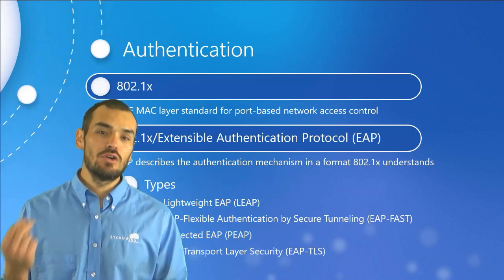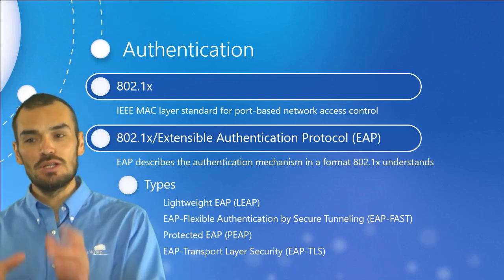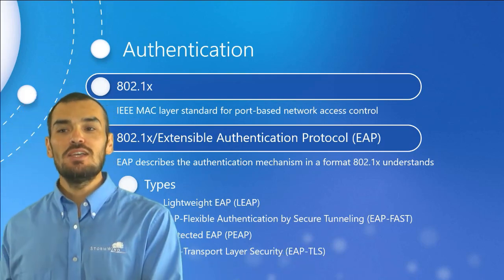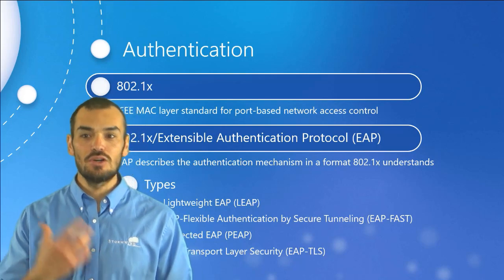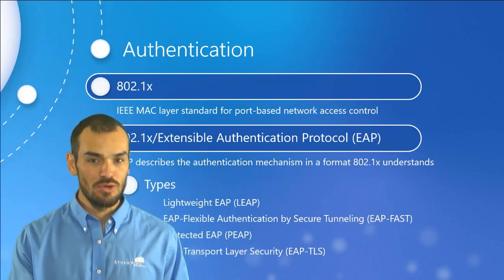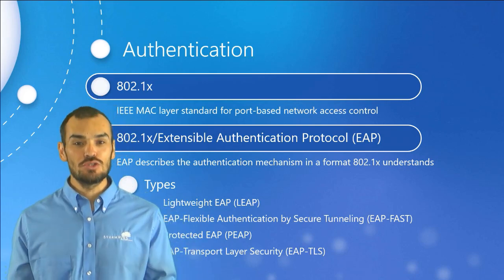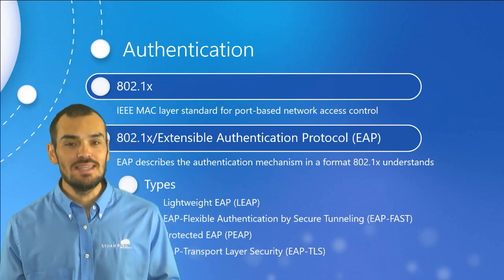Basically, this is going to occur in three phases. Phase 0 is where the PAC gets generated to establish that initial tunnel. Phase 1 is where mutual authentication occurs and we establish a Transport Layer Security, or TLS, tunnel. Phase 2 is where the users are actually authenticated via that TLS tunnel.